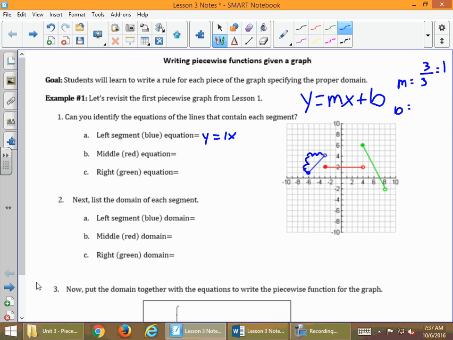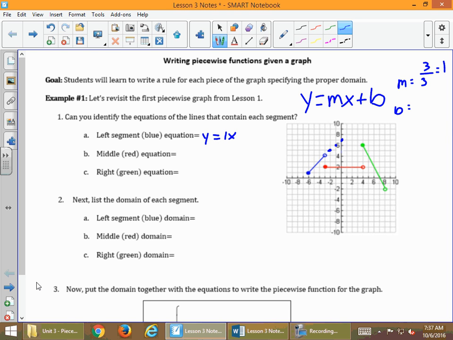We now need to figure out what the y-intercept is. The problem is we only have a piece of that line. It's not going through the y-axis at all, so we can't just visually look at it and find our y-intercept. But what did we just find? The slope. Well, just extend your line. Start at this point, go up 1 over 1, up 1 over 1, up 1 over 1.